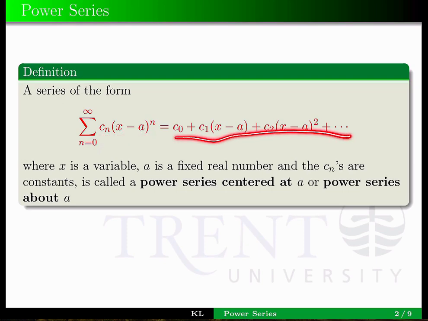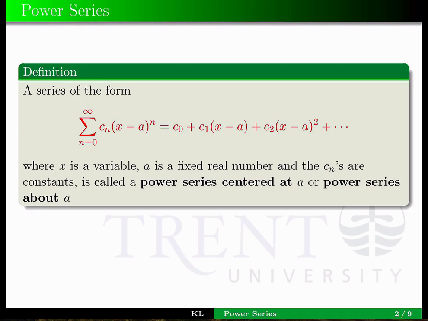If we expand this, it is c sub 0 plus c sub 1 times (x minus a) plus c sub 2 times (x minus a) squared plus so on and so forth, where x is a variable, a is a fixed real number, and the c_n's are constants, is called a power series centered at a or a power series about a. Okay, so in here we are summing from n equals 0 to plus infinity.